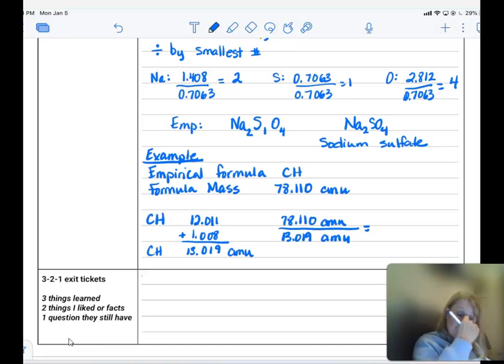Hopefully you realize that because we're rounding our masses, those might not always be perfect, but our scale factor, our X value, is 6. So to get my molecular formula, I'm going to take my subscripts, in this case just 1 and 1, and multiply them by 6. So C6H6 is my molecular formula.